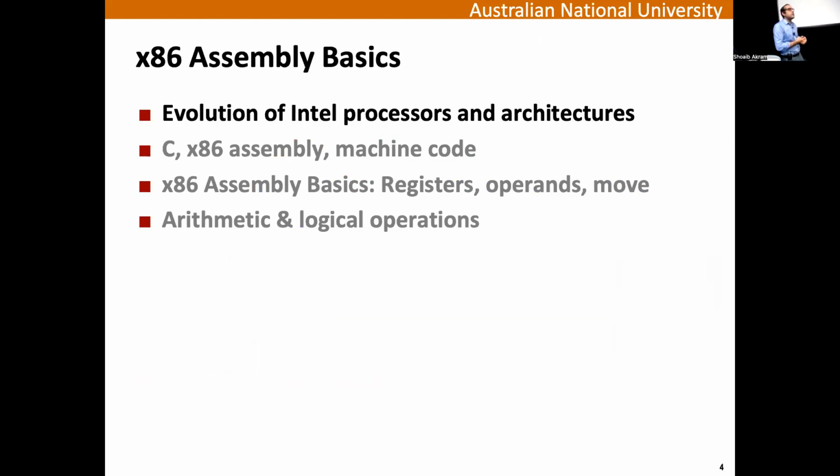But we are shifting away from the embedded domain in this course, and we are going to talk about x86, which most of you use every day. It is the state of the art for servers, laptops, desktops, and Intel and AMD both manufacture different processors, different microarchitectures, different implementations of the same x86 ISA.